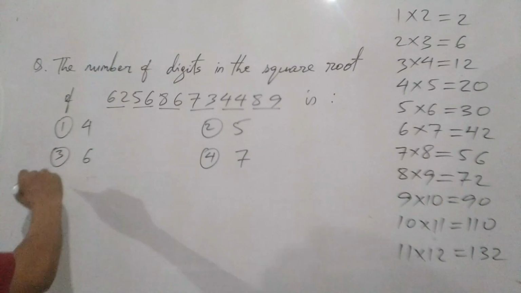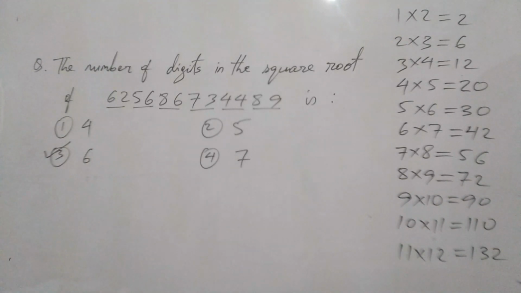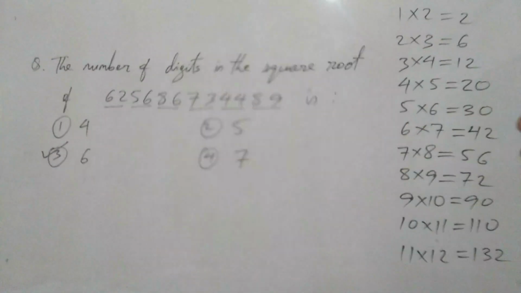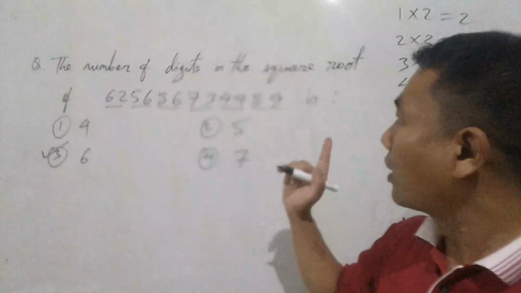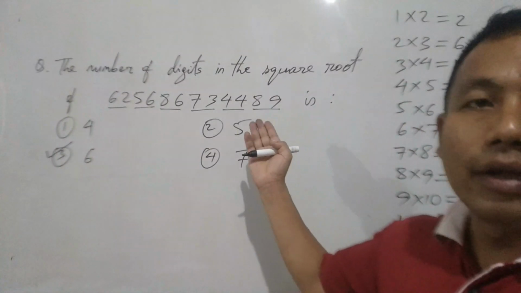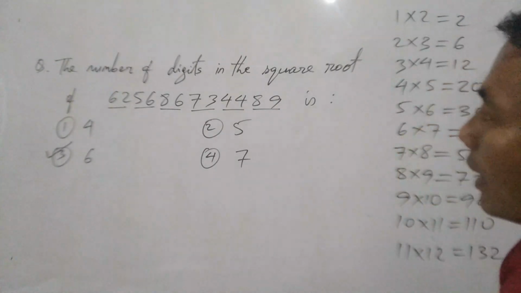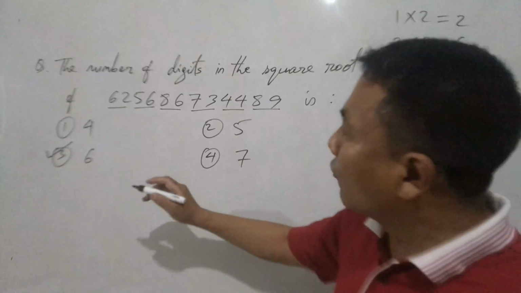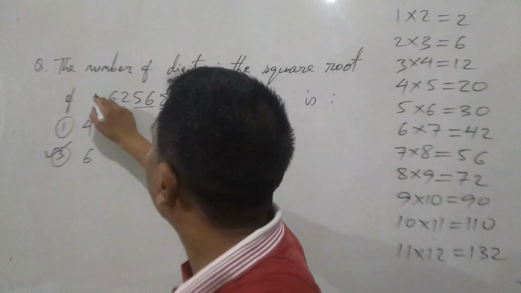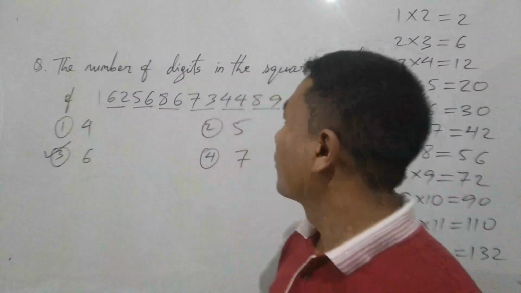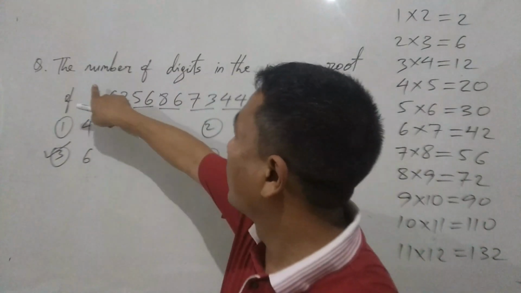The answer is 6, because we have 6 pairs. If it is cube root, you have to count 3 numbers as 1. In case we have one more number here, let's say 1, count this as 1 pair. Here the answer will be 7.